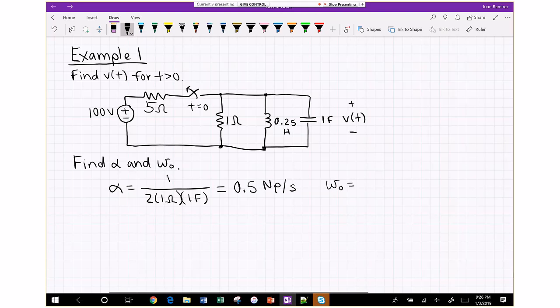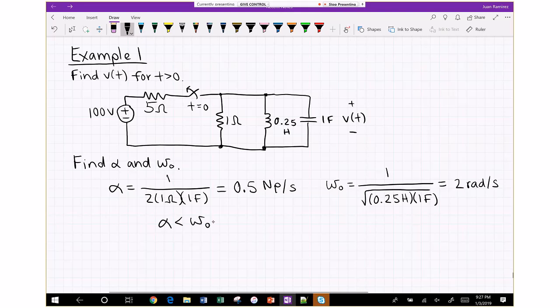For the undamped natural frequency, we have 1 over the square root of the inductance times the capacitance. And that gives us 2 radians per second. Okay?